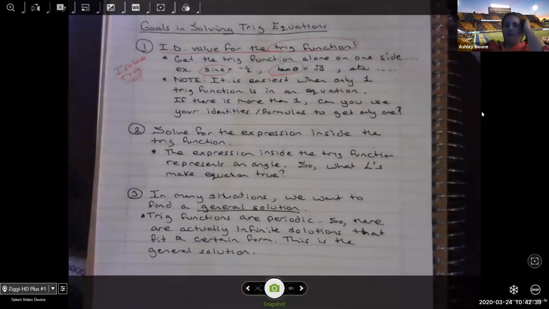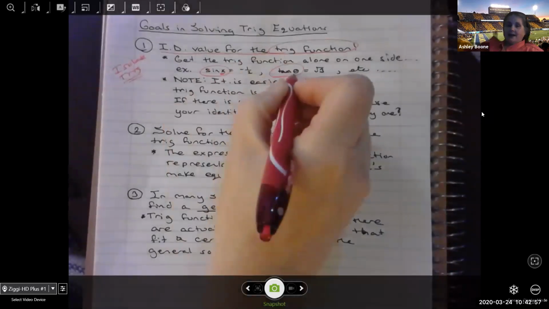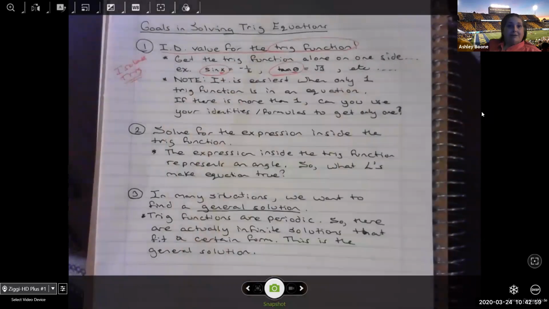Whatever your trig function is that's involved, get it alone on one side. Sometimes you might have more than one trig function, and you would have to go through and use your identities or your formulas to get it in a form that only has one. Sometimes what is inside your trig function, the angle, might not just be a variable, it might be an expression itself. We'll look at those as we go through.